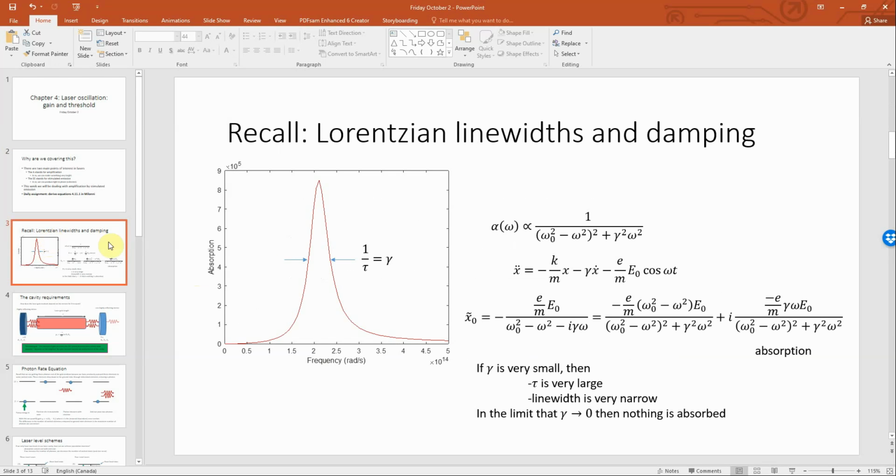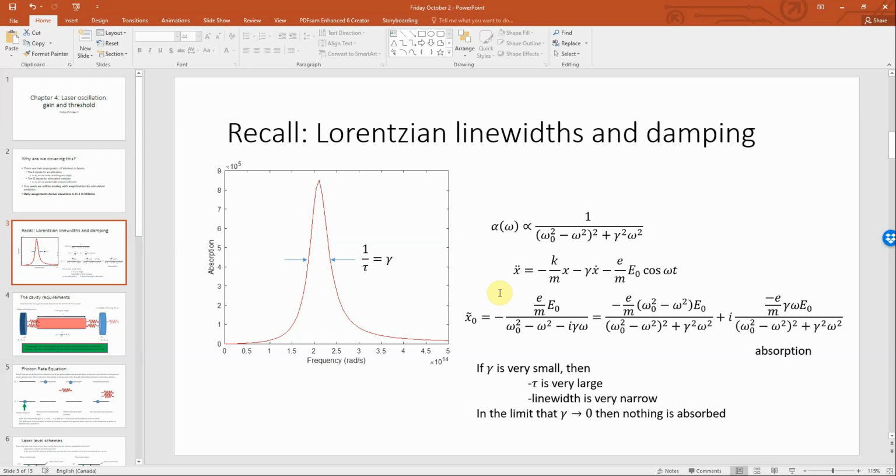Okay, so recall, we discussed last week that when we have a driven damped harmonic oscillator, we end up with an absorption, and this absorption depends on the rate of damping. We modeled this damping simply as something proportional to the velocity, like some kind of drag.